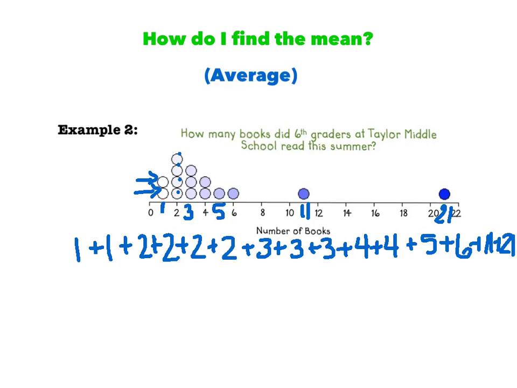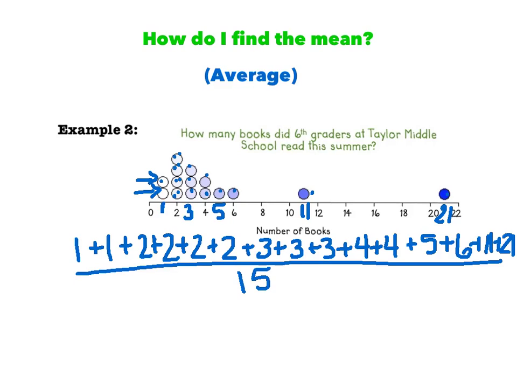All right, so now I'm going to add up all these numbers, and I have to divide by the number of items that I just added up. So I've got 1, 2, 3, 4, 5, 6, 7, 8, 9, 10, 11, 12, 13, 14, 15. So I'm going to divide by 15.